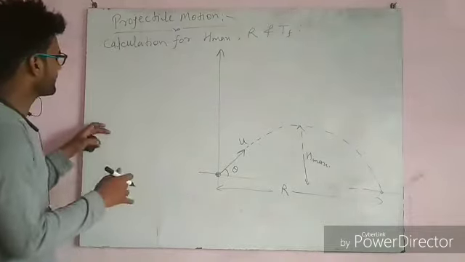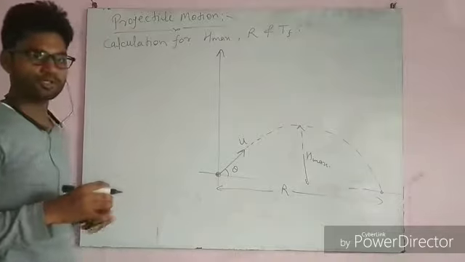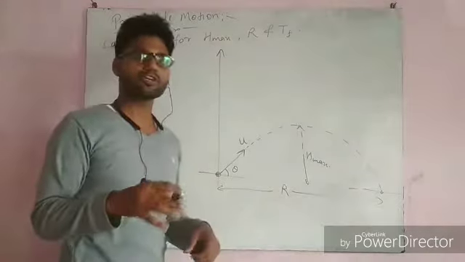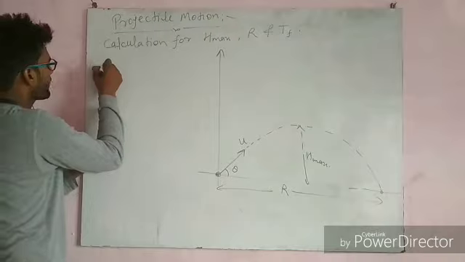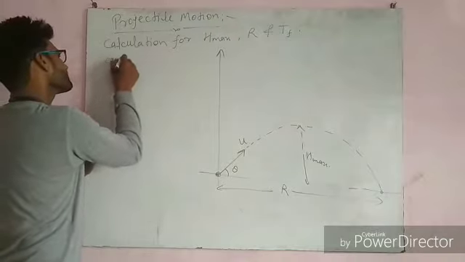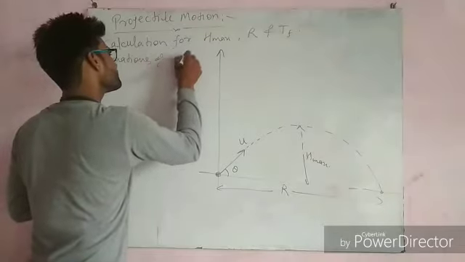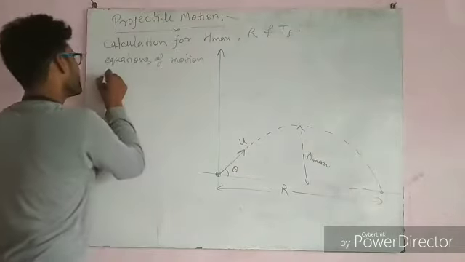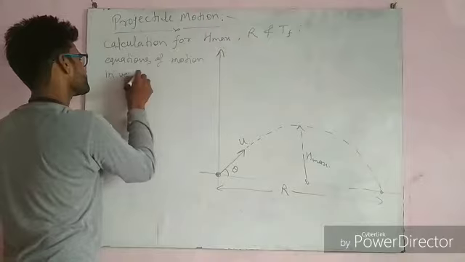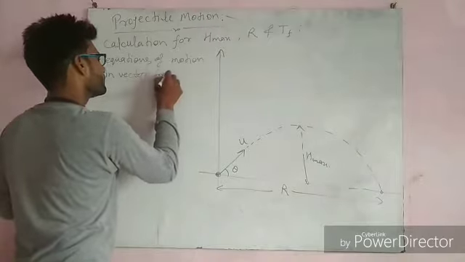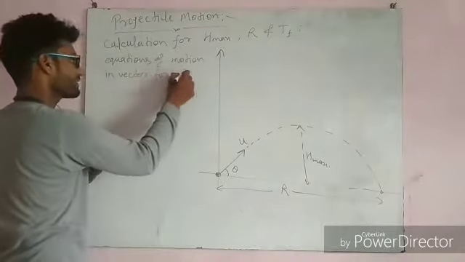To calculate these values, we will need certain prior knowledge. What is that prior knowledge? We should know about the equations of motion in vector form. That I am going to write here. Why are we using these equations in vector form?